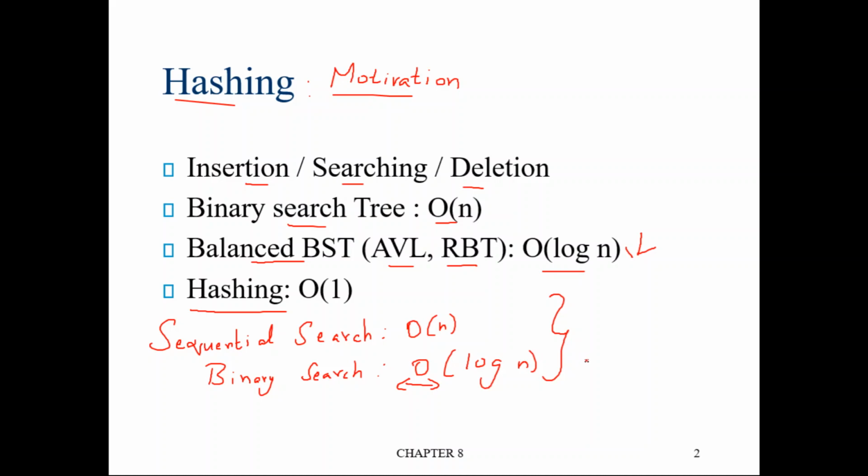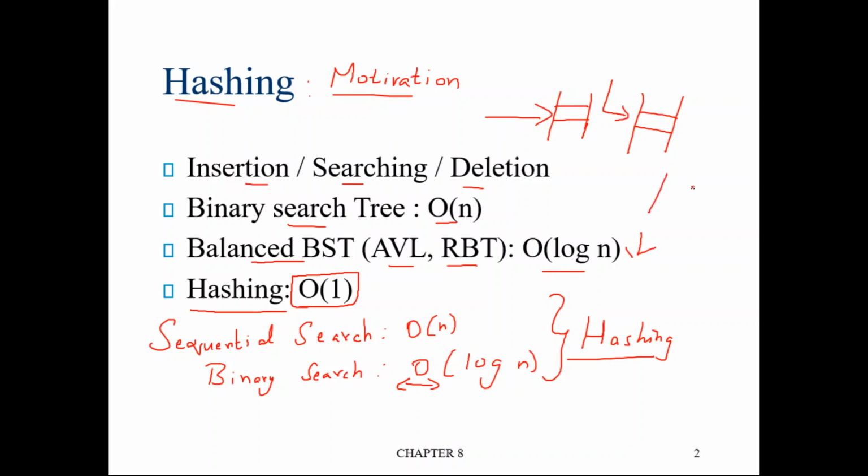Yes, we can reduce it by using hashing. By using hashing, the time complexity will be just order of 1. That is, with just one move, with one single calculation, you can identify the place where a new element is to be inserted, or the element you are searching for, or the element you want to delete.